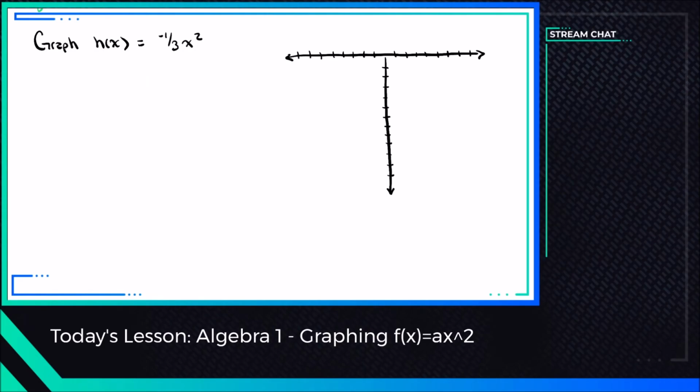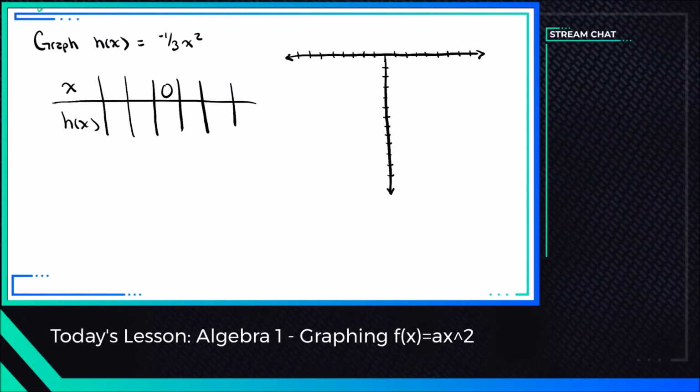All right, so pretty large graph here. And why don't we make a table again? So we're going to make x and h of x. And we're going to start at 0 again and be centered around the origin. So let's start at 0 here.